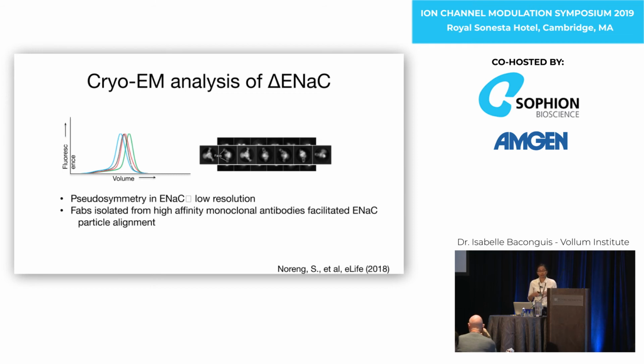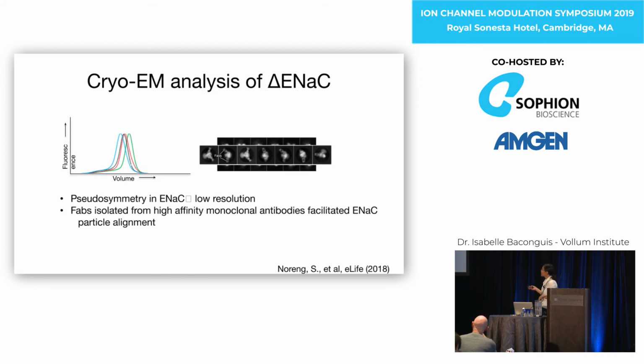And so what we had done was then, of course, went back and used a classic structural biology technique and generate high affinity monoclonal antibodies against ENaC. So we generated these antibodies, and found that there were two promising ones that allowed a shift of the ENaC, indicating that there's a larger complex.